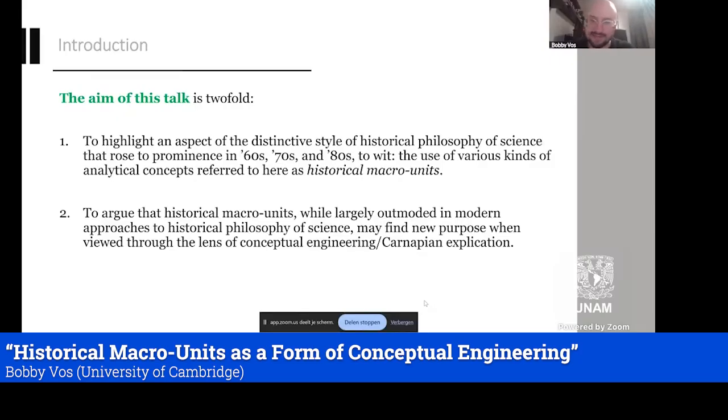And that distinctive style consists in the use of various kinds of analytical concepts around which to structure one's historical account of scientific inquiry that I will refer to here as historical macro units. I will have a bit more to say about this term in a minute.